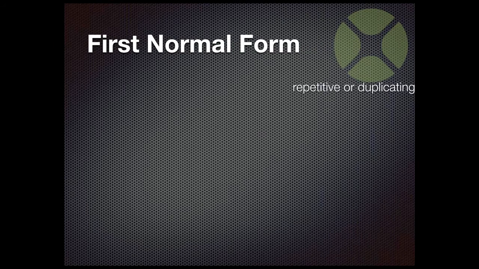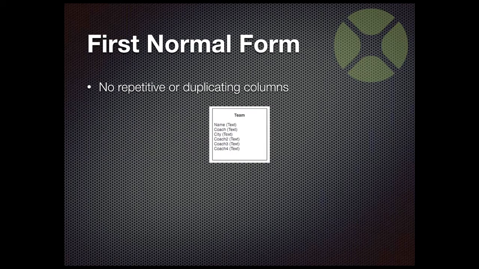So first normal form is no repeating or duplicating columns. Take a look at this table design here. We have a table called team, and we have some columns: our team name, coach, and the city the team is in. Then over time, maybe it became obvious that teams have more than one coach. Well, they can have 2 coaches, so we'll add coach 2.